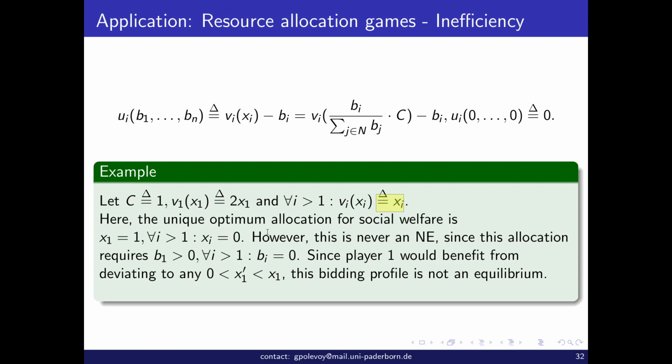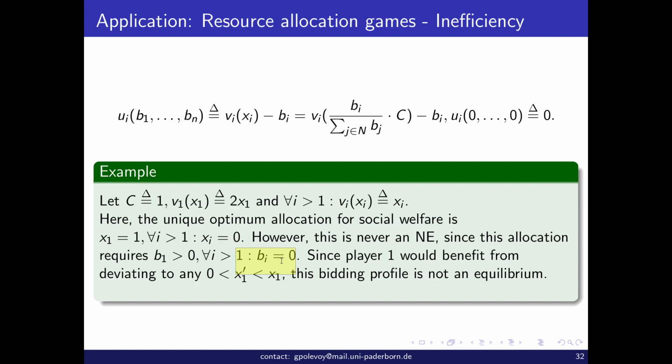However, this can never be a Nash equilibrium, because for such an allocation to be realized, the first player has to bid something positive, and all the other players have to bid zero.